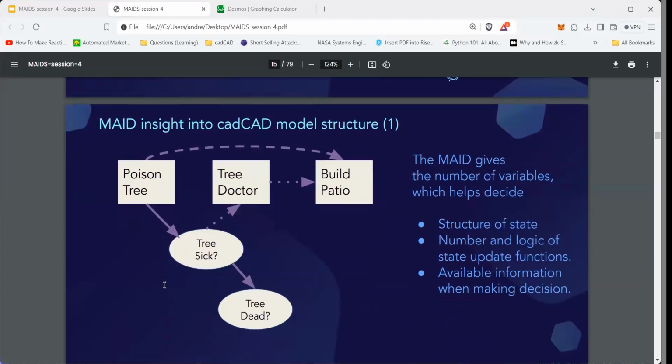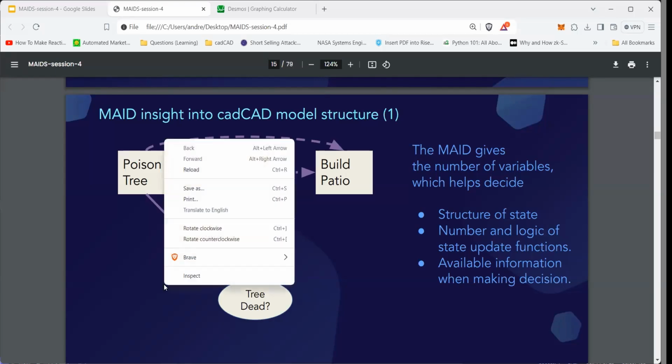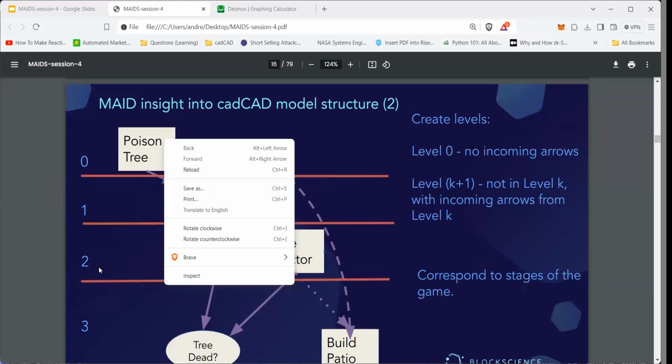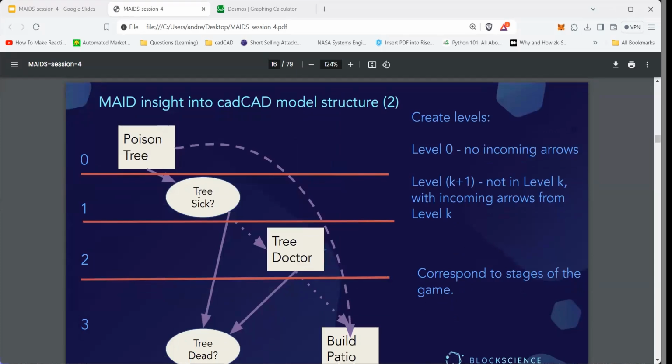So one thing that creating a MAID tells us is something about what a cadCAD model structure might look like. For instance, if we try to translate the MAID directly, we know right away what the information dependencies are between the variables, what variables there are, what information is available in making the decision, etc. And I think it's fairly reasonable to view the MAID structurally as having different levels of dependencies in terms of the stages of the game and the order in which things happen.